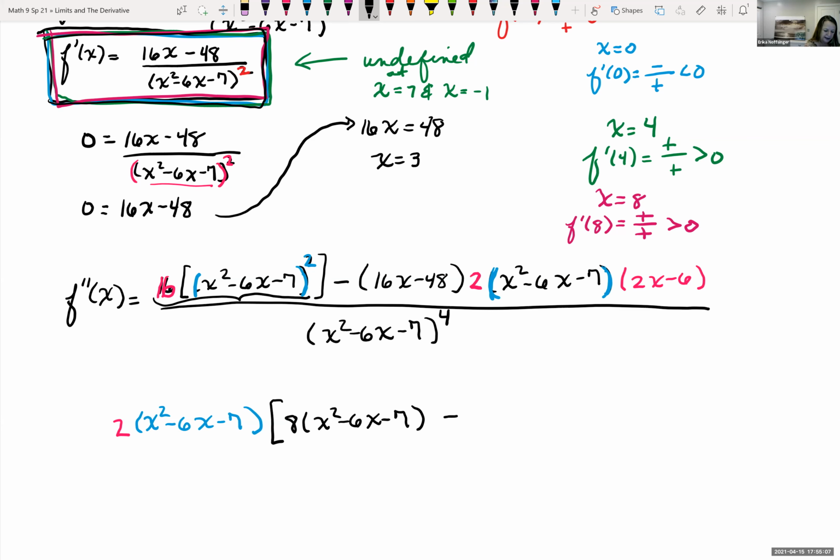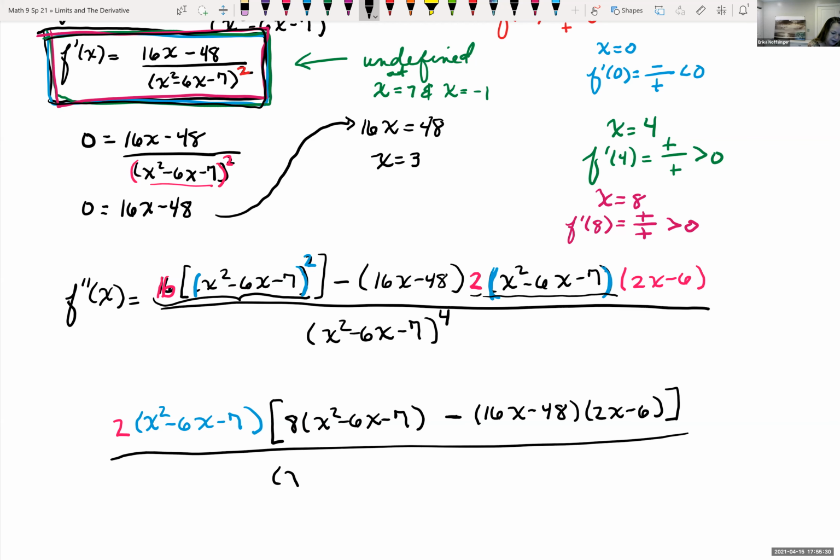Then we have minus, we pulled this 2 out, we pulled this factor out, so all we're left with is this parentheses 16x minus 48, and this 2x minus 6. All over this denominator, x squared minus 6x minus 7 raised to the 4th power.